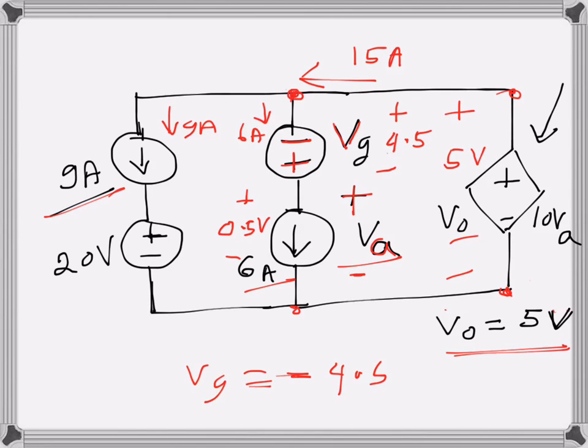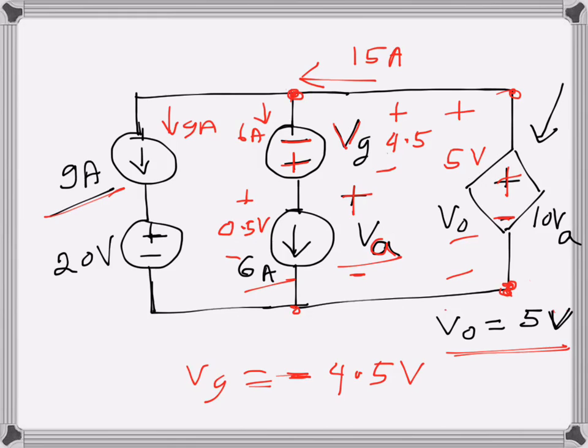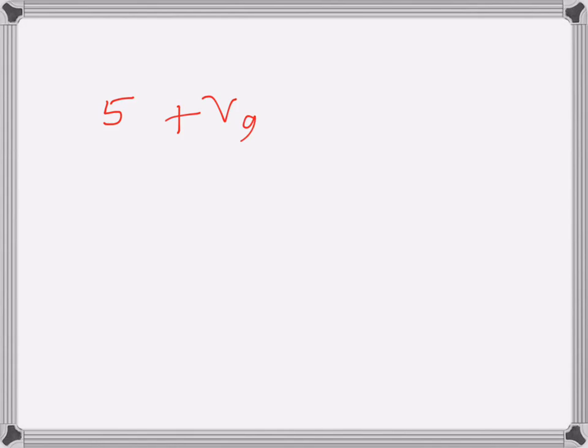I have written this just from observation, but if I want to write it properly, applying KVL, we start from here and go anti-clockwise. There is a rise here, and I will write rises as positive. That's a rise, V0, that's 5. Then I have VG, which is also a rise, so plus VG.